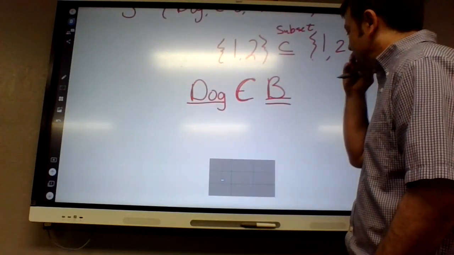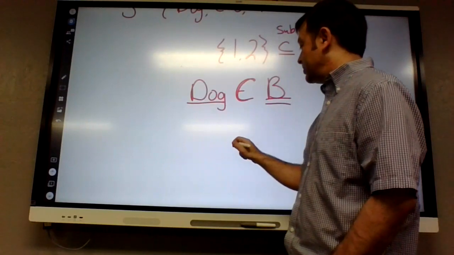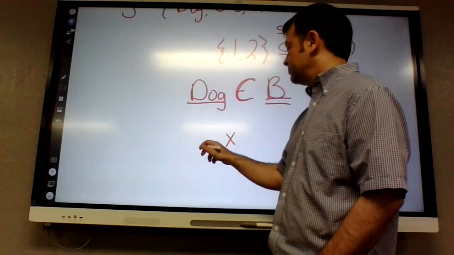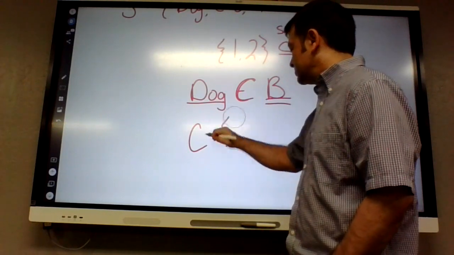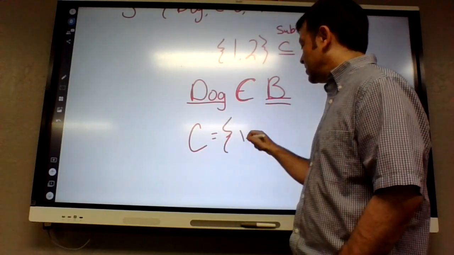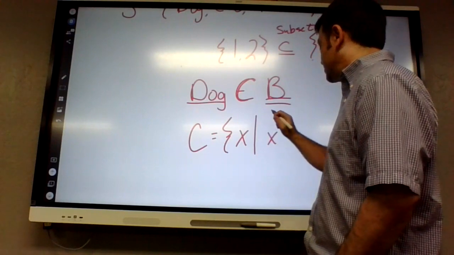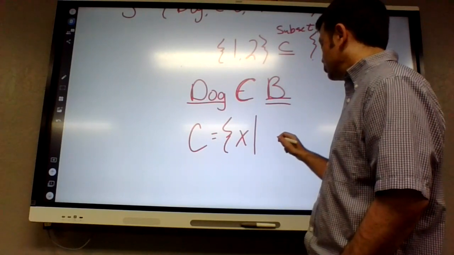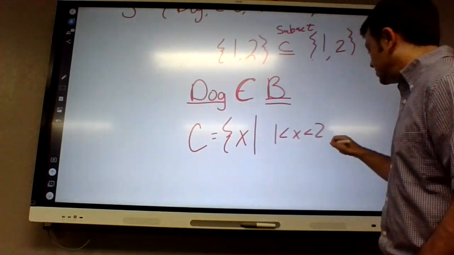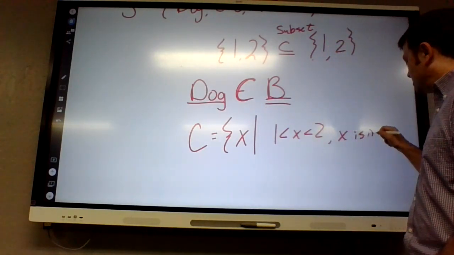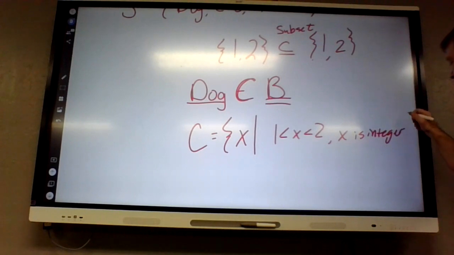If a set is empty, like the example they gave, set C is X, where 1 less than X less than 2, X is an integer. Do you guys remember what integers are?